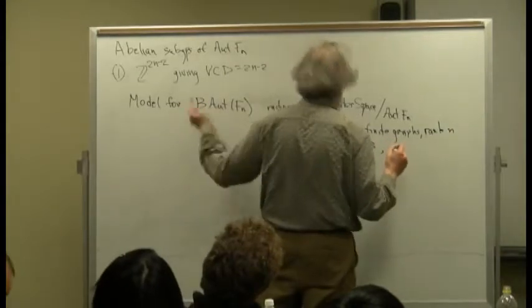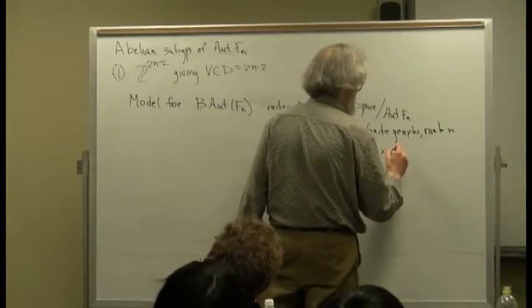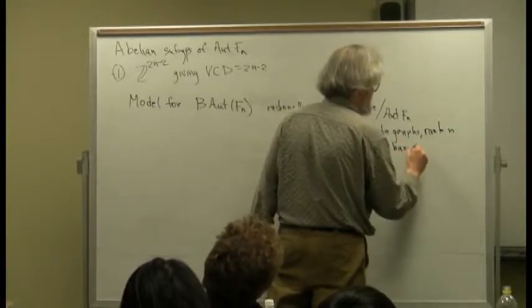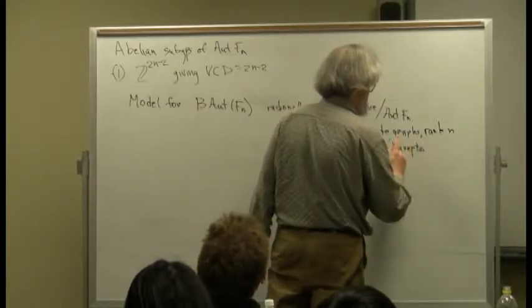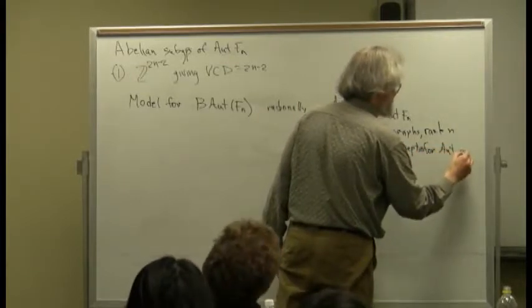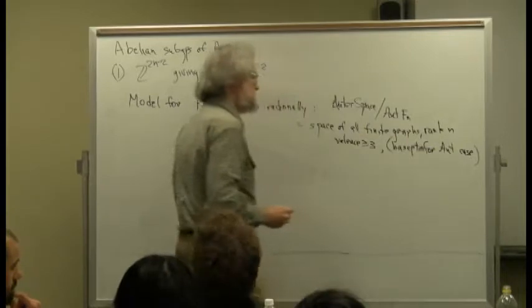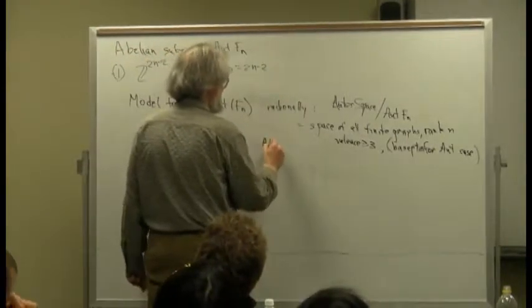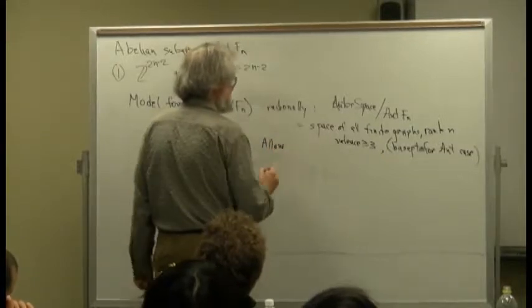And to get the automorphism group, I want them to be base pointed, with base points chosen in the Aut case.